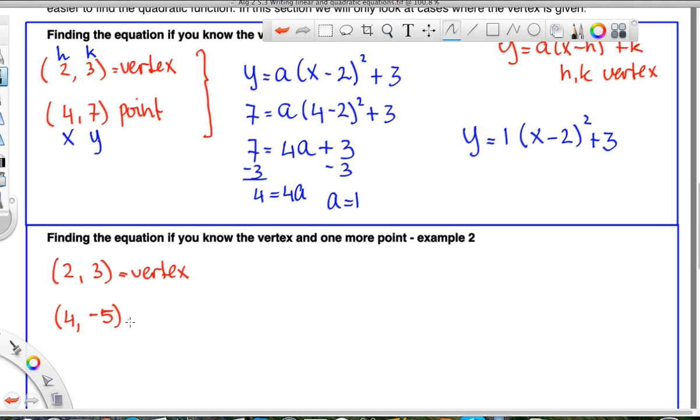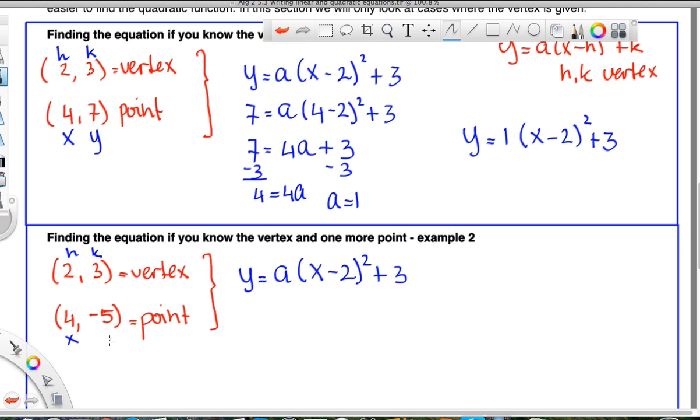Let's say that that's the point. Okay. So the same steps. We're going to plug in the vertex first, and initially I would do this one at a time. What I mean with that is I would write y equals a times x, and then minus 2 squared plus 3.